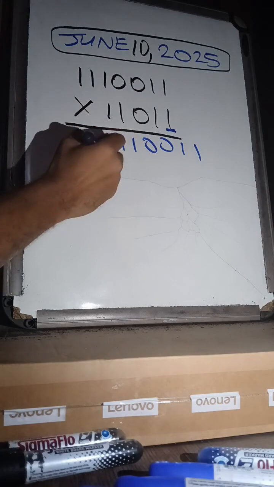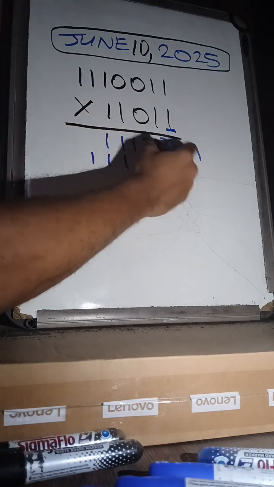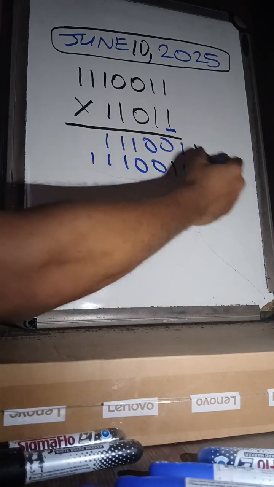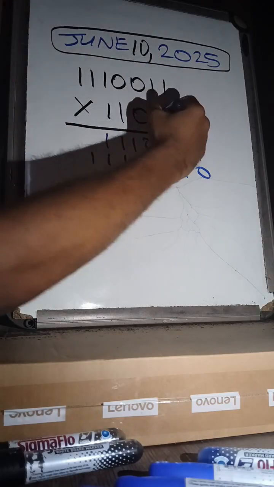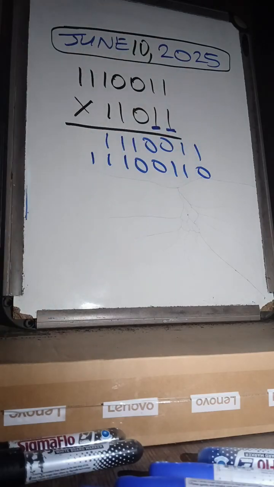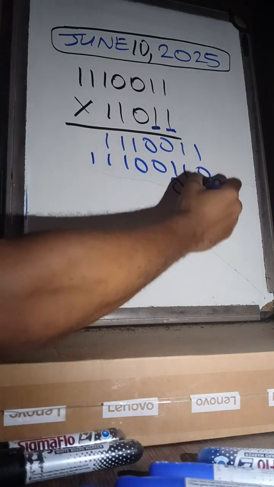Alright, so that takes care of this one. Then I have to do that again. So 1 1 1 0 0 1 1. I put a 0 there. So that takes care of this one. So the first one is a 0. Second one is 2 zeros. The next one would be 3 of them.